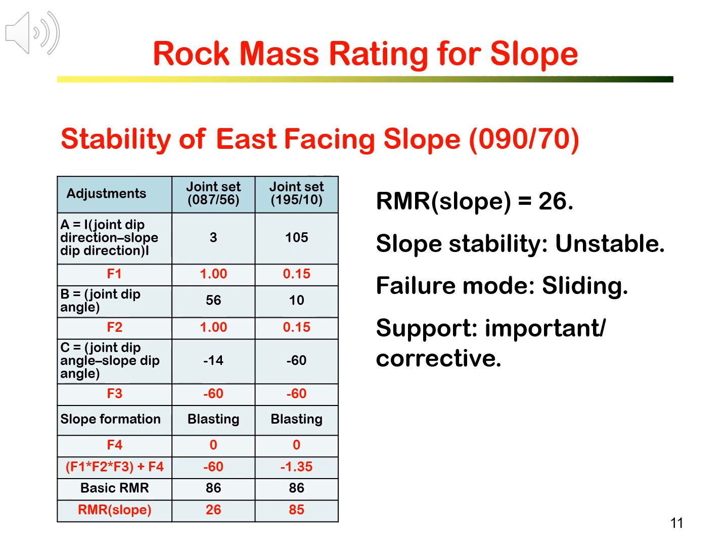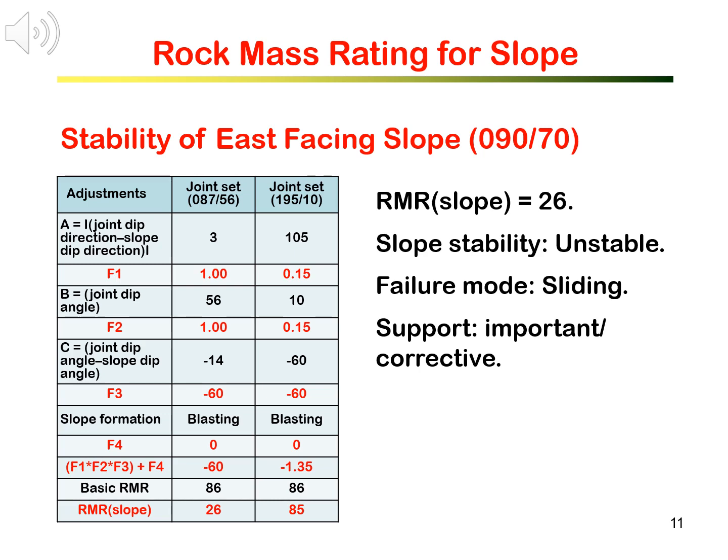We can do the same computation for the second joint set with orientation 195 and 10. As shown in the table, the total adjustment for this joint set is minus 1.35. The adjusted IMR slope is 85.